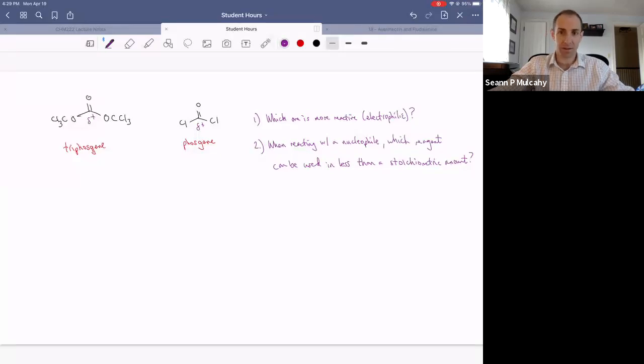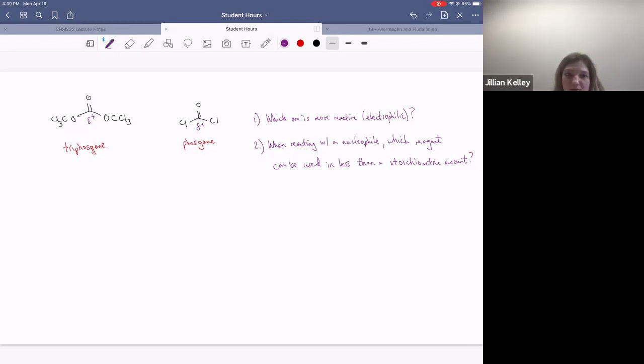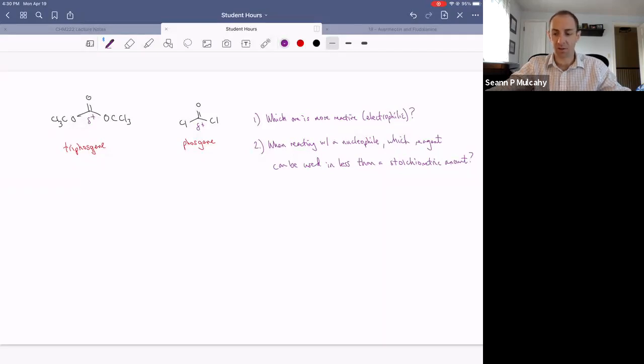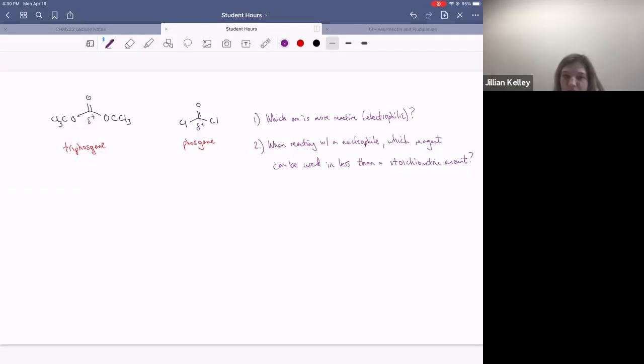inductive effects, etc. Given that, what's going on in the case of phosgene? Does that carbonyl have a lot of electron density on it? No. Why not? Well, you have the carbon-chlorine bonds creating inductive effects. That's true. Is the inductive effect very strong? No, not very strong.